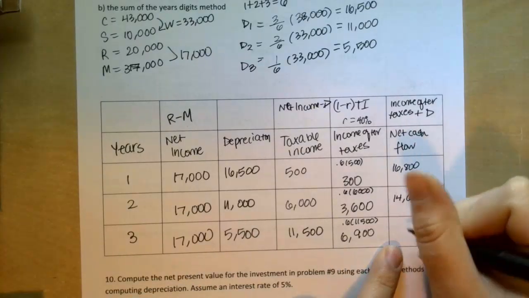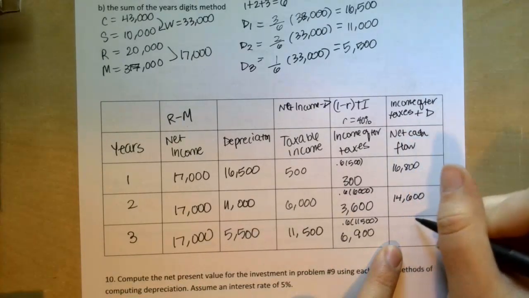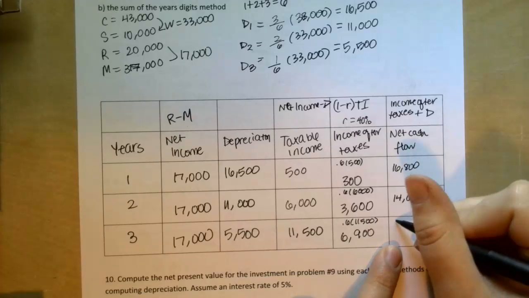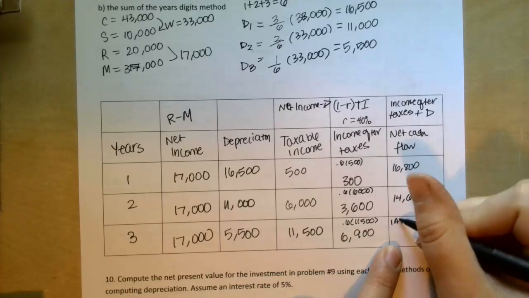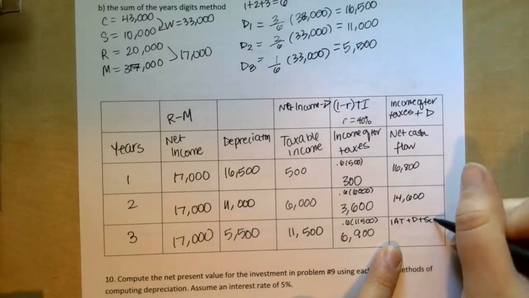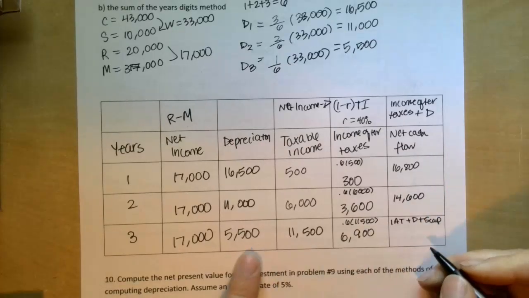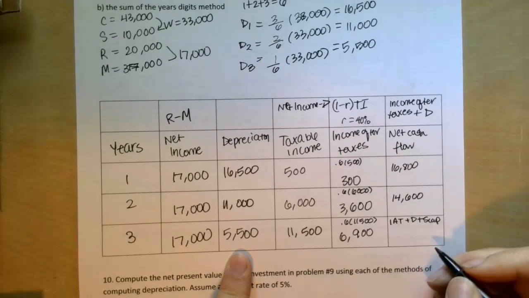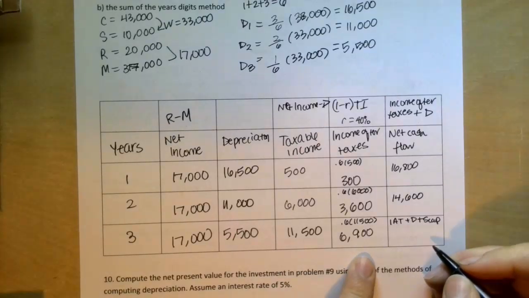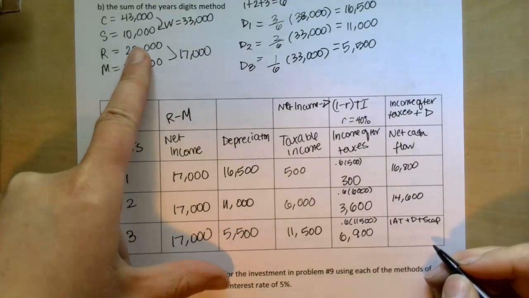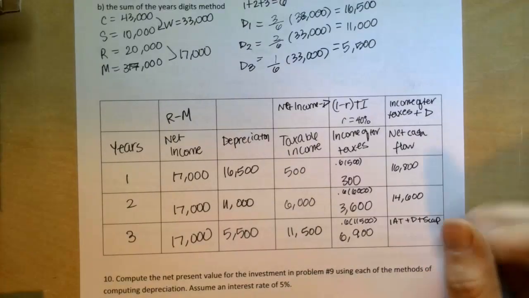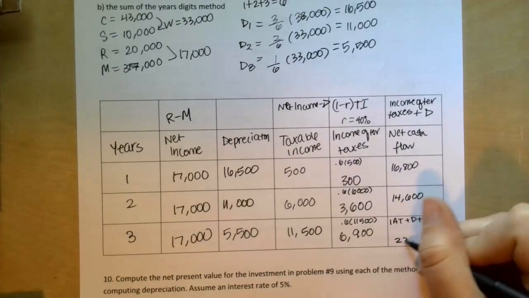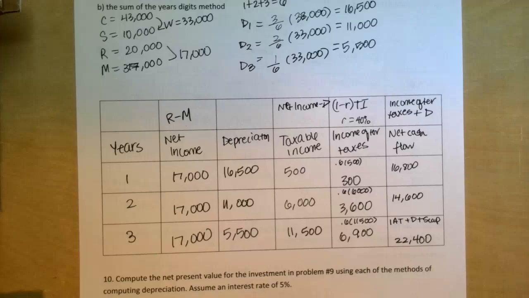This is the last one, so we're going to add scrap. So income after taxes plus depreciation plus scrap, because it's our last row. So here we're going to have 5,500 plus 6,900 plus our scrap value of 10,000 from up here. So we get 22,400.